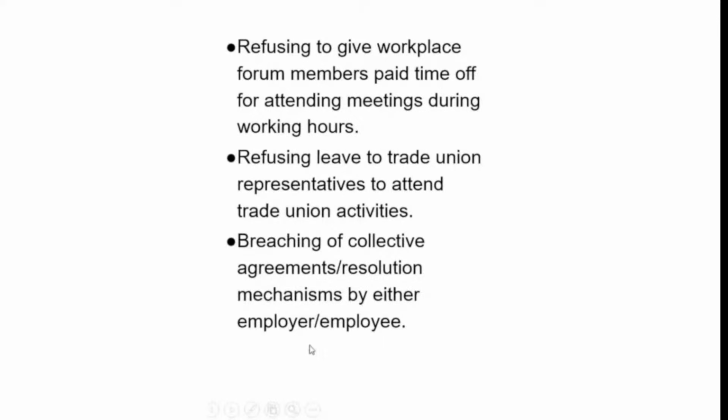So now, if there's any disagreement, as I've said earlier, the employer has to follow the guidelines given inside the LRA. They shouldn't use their own power to solve problems, but they should be using what? The given guidelines by the Labor Relations Act.